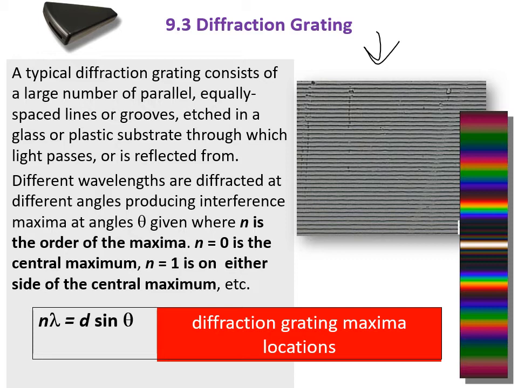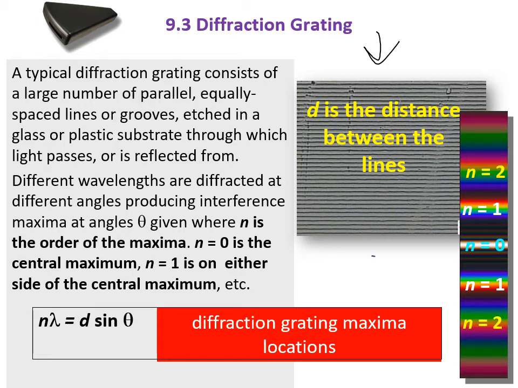Okay, n is the order of the maximum. d is the distance between the lines, the spacing between the slits. n equals 0 is for the central maximum, n equals 1 on either side of the central maximum, n equals 2 on either side of the central maximum, and the angle incorporates only half of the pattern.